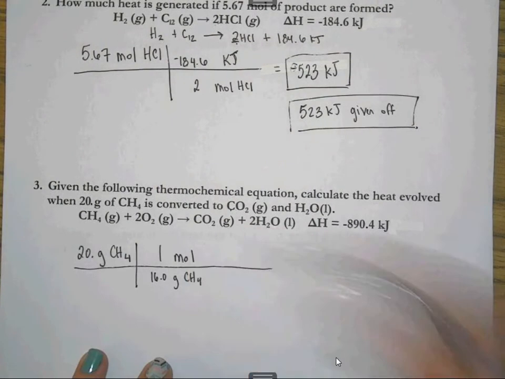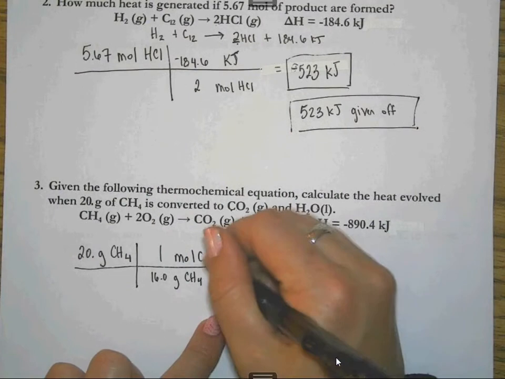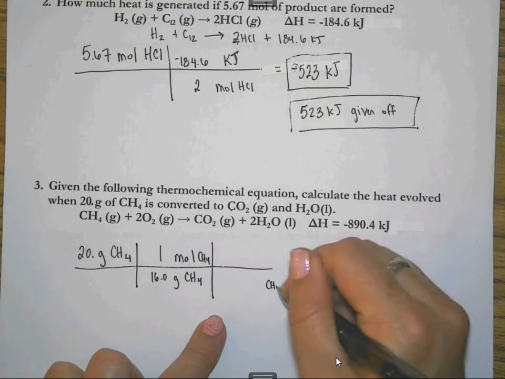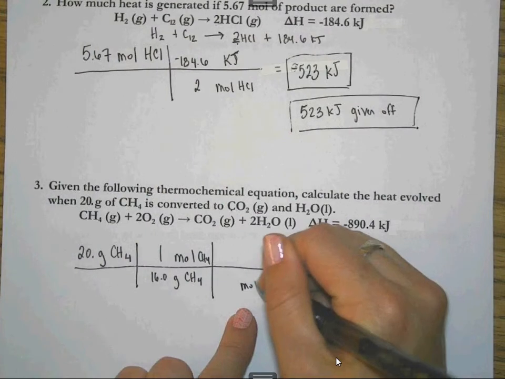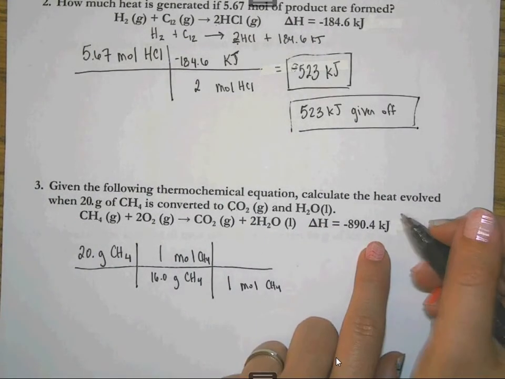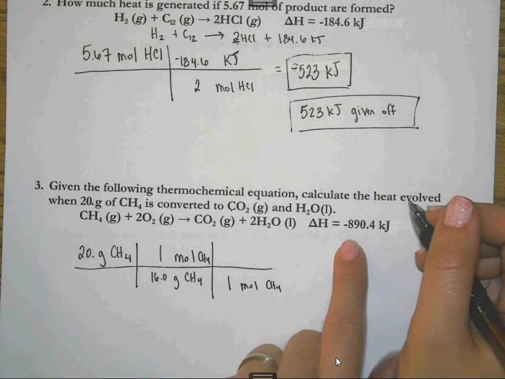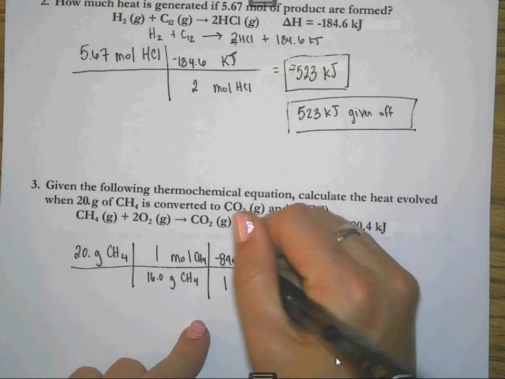So, if I do this, there's 16.0 grams of methane in 1 mole. And then I'm going to have methane again. There is 1 mole of methane for every 890.4 kilojoules given off.